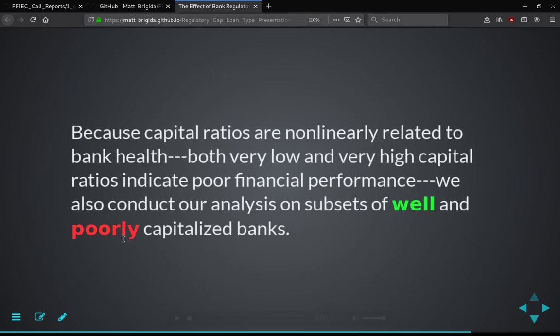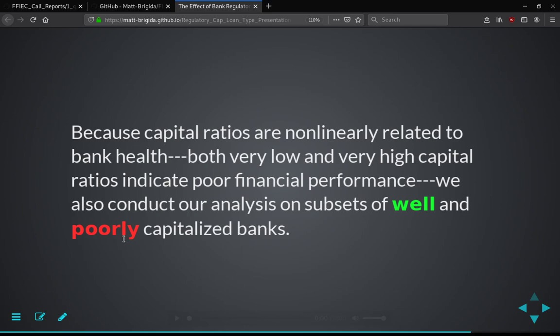Of course, the relationship between capital and lending will be nonlinear given the capital threshold. So I also estimate all these regressions for well and poorly capitalized banks. The idea here is, if a bank is poorly capitalized and they increase their capital, I don't expect them to lend more because they still haven't hit the threshold where they are adequately capitalized.